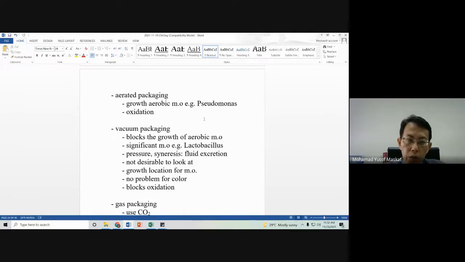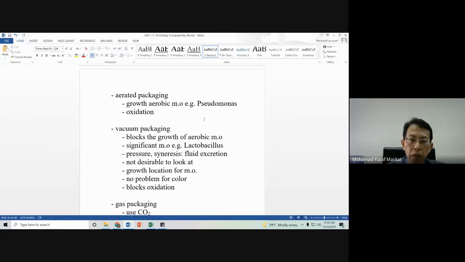So the composition of air inside the package is similar to the air outside. It contains oxygen, so it allows aerobic microorganisms to grow, for example Pseudomonas, and it will also allow oxidation to take place.